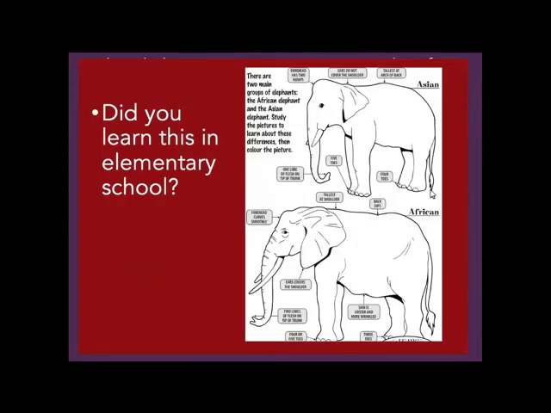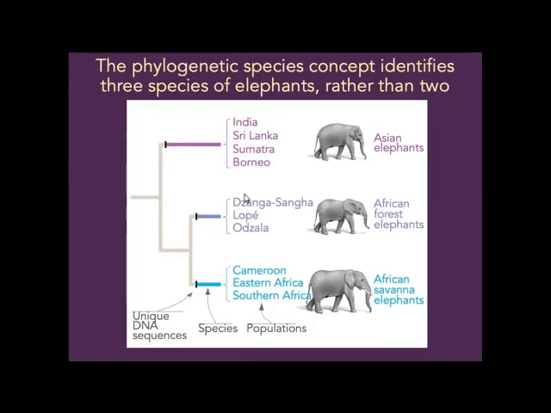All right, let's move on. Did you ever learn this in elementary school, that there's two main groups of elephants, the African elephant and the Asian elephant? You get the really big African elephants with the big ears and the Asian elephants with the little ears. Okay, I learned that when I was a kid. But nowadays we have a slightly different idea based on the phylogenetic species concept.